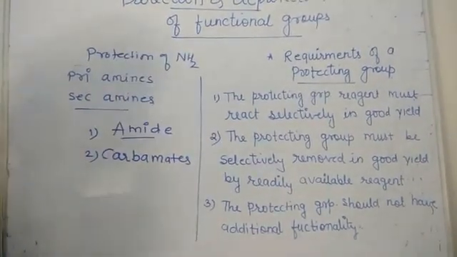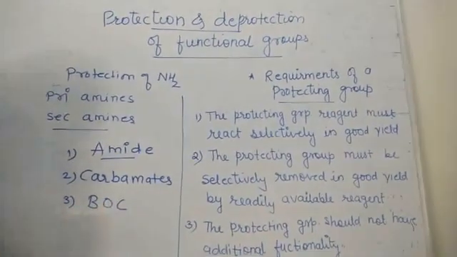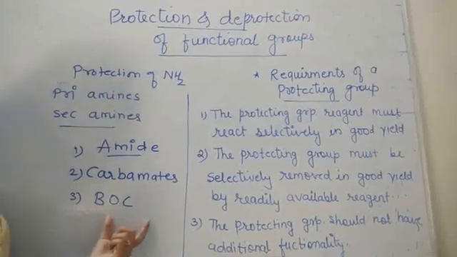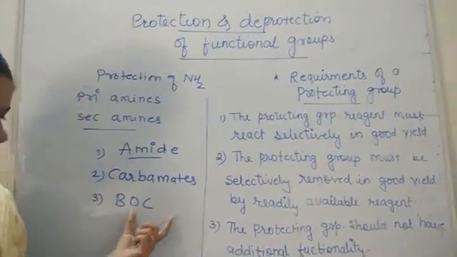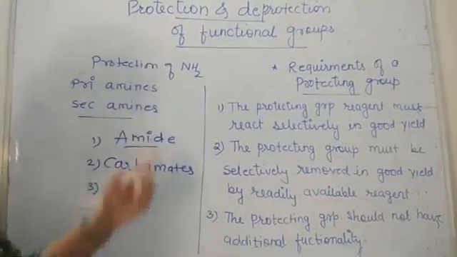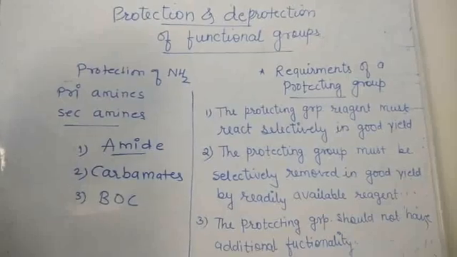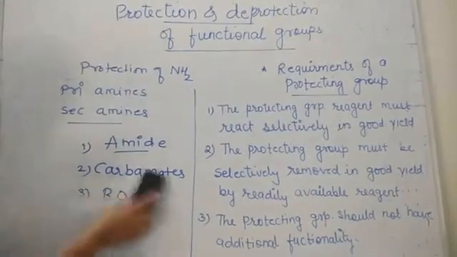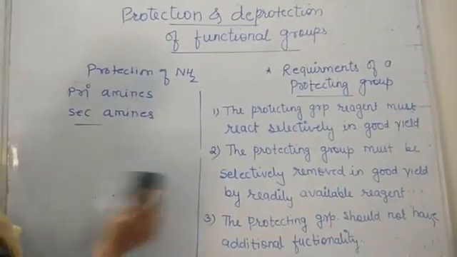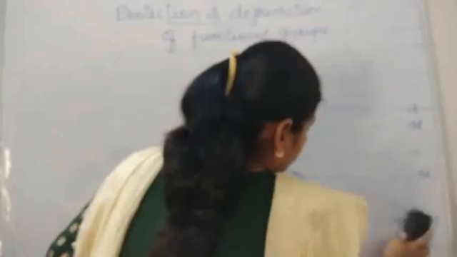Or we can also use the BOC group, that is the tertiary butoxycarbonyl group. So these three methods are used to protect primary as well as secondary amines to get the desired product. First of all, we see how these amino groups or amines are protected.